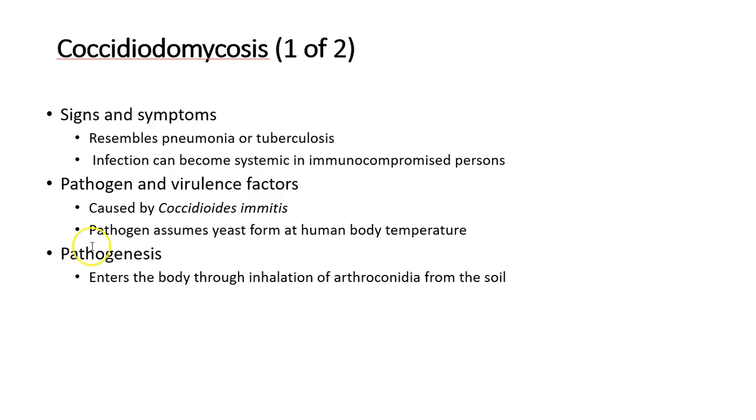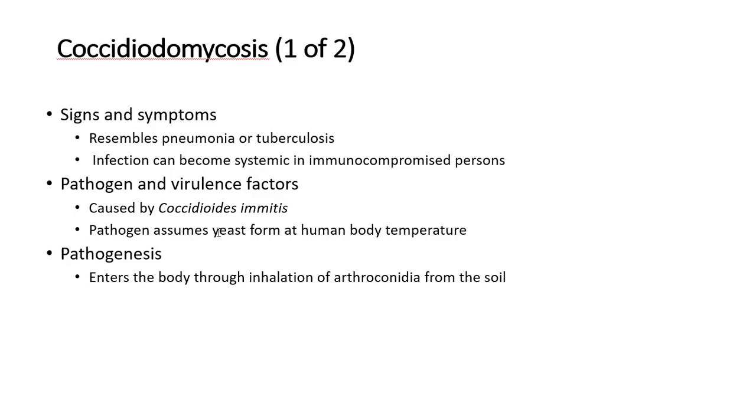Coccidioides resembles pneumonia or tuberculosis, and it's primarily found in immunocompromised patients. The pathogen assumes a yeast form at body temperature. Basically, you breathe in what are called arthroconidia that are in the soil, and you disturb the soil and you breathe it in.